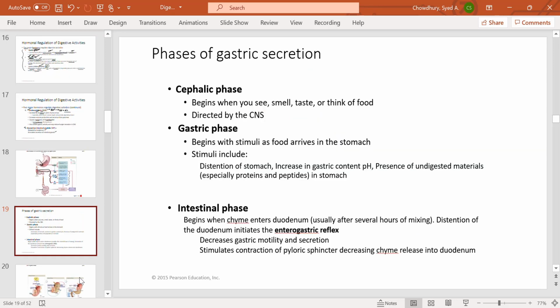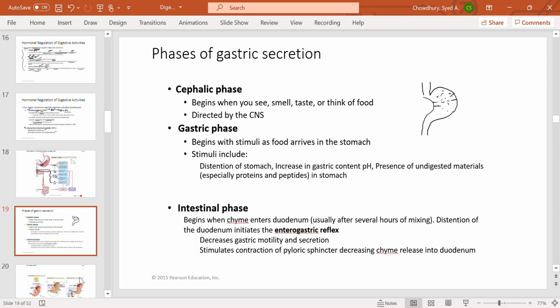Phases of gastric secretion. Gastric secretion means, gastric means stomach, right? So secretion inside the stomach here. Now in three phases secretion inside the stomach can occur. One is, you all know, when you, even before you put the food in your mouth, if you smell the food, if you see the food, delicious food, right, and you are hungry, secretion will occur from the wall of the stomach into the lumen.